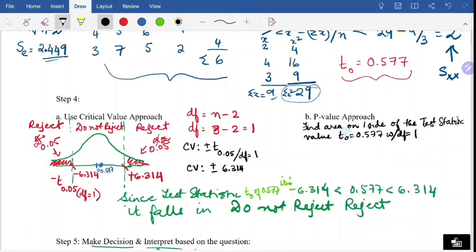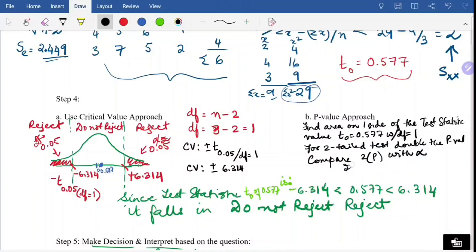And then you have to double it for two-tail tests, all right? Double the p-value, and then you compare 2 times p. And just because it's a two-tail test, we have to double the p-value, all right? If it were a one-tail test, you wouldn't have to do that. And then compare 2p with alpha.